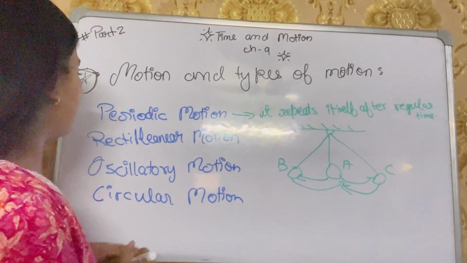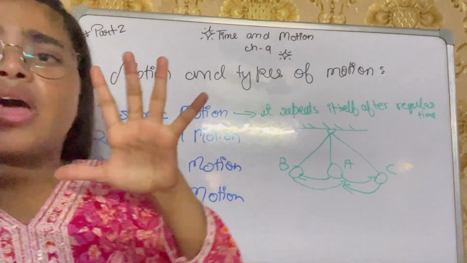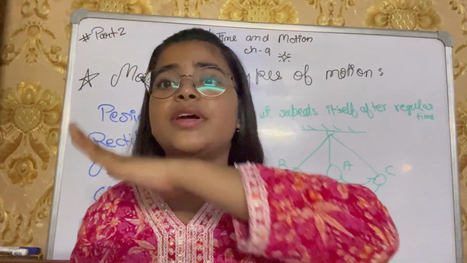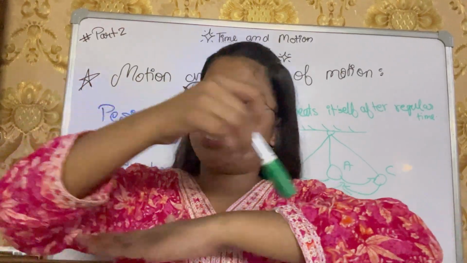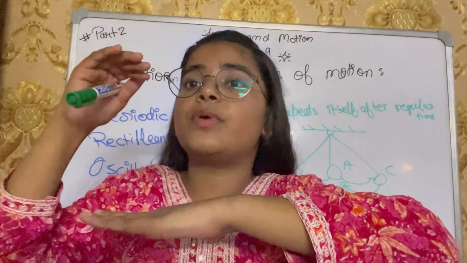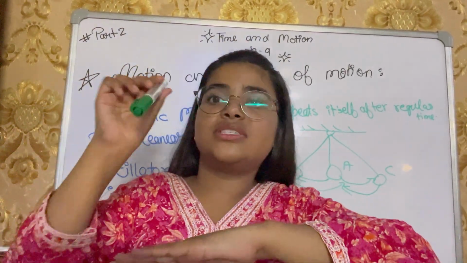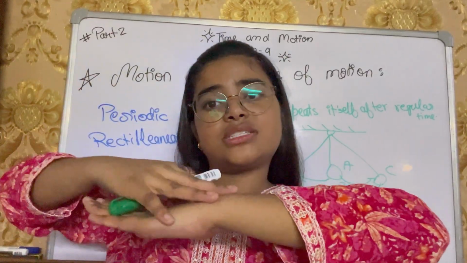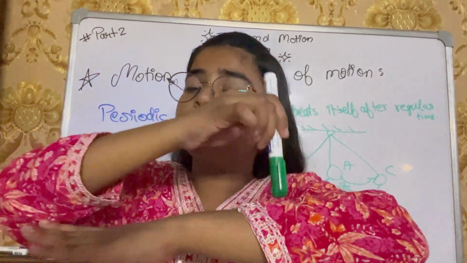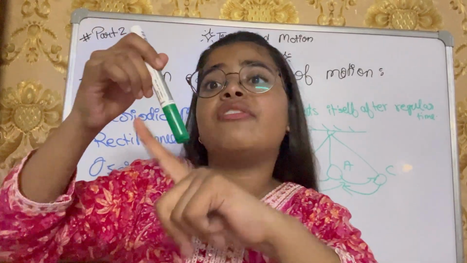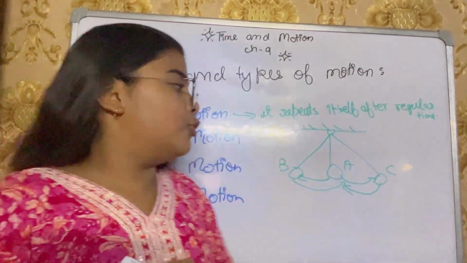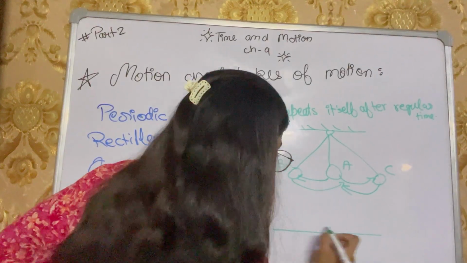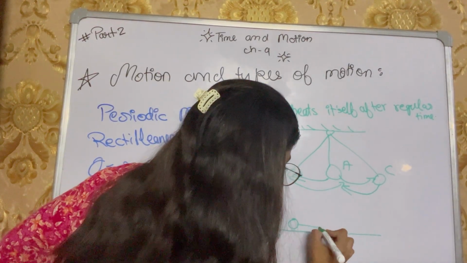Now let's talk about rectilinear motion. Rectilinear motion is a motion in which the object moves in a straight line path. Suppose this is a car and this is a straight road where the car is moving.